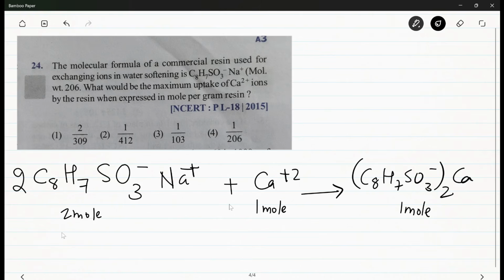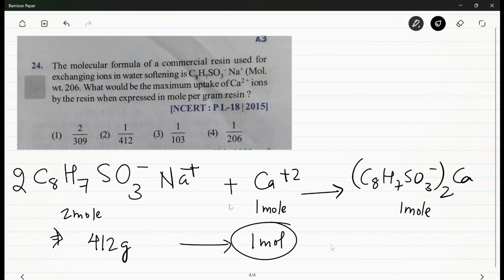So what is the mass of these 2 moles of resin? 1 mole is 206, 2 moles is 412 grams. 412 grams is used up exchanging 1 mole of calcium.